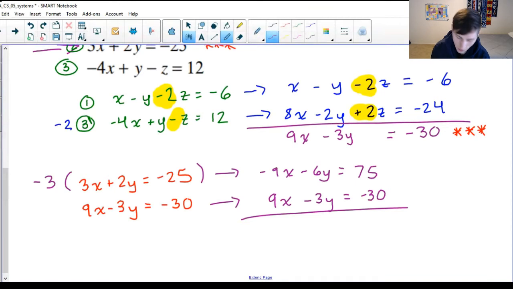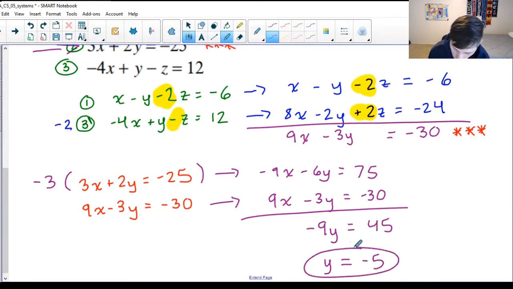Negative 6y minus 3y, negative 9y. 75 minus 30, 45. Divide both sides by negative 9. So we get y equals negative 5.